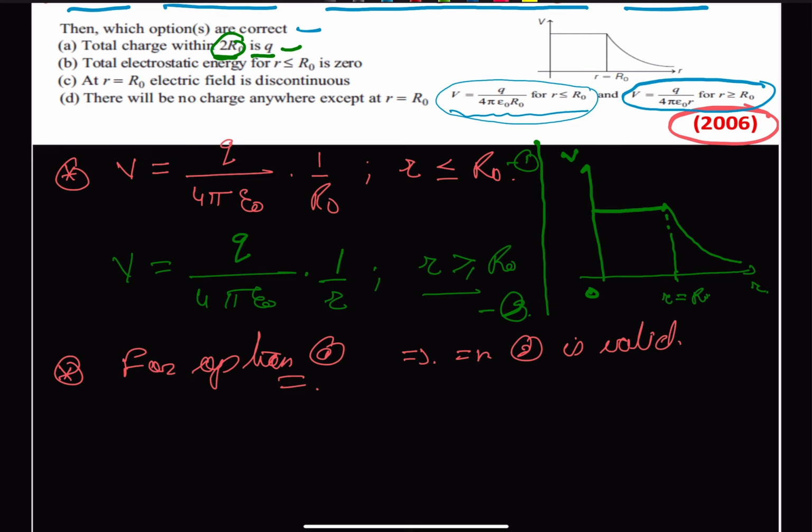And if equation 2 is valid, we can write that our V will be governed by 1 upon 4 pi epsilon naught, and this we can write Q upon R. And here we are given that our R is equal to twice R naught, or from here we can say this R is greater than or equal to R naught.